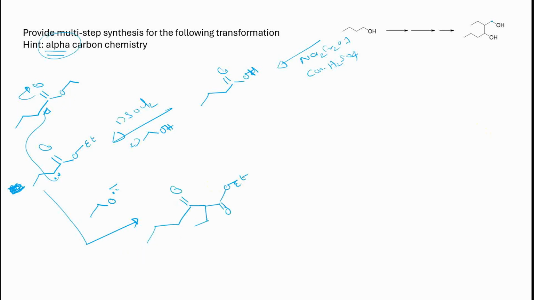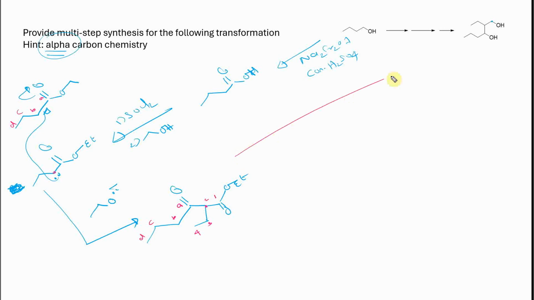So let's make sure we number it properly so we understand how this works. So 1, 2, 3, 4, and that carbon is that carbon, and this is, let's say, A, B, C, D, that is A, B, C, D. Okay, that is your Claisen product. Now after this, how do you get the final product?